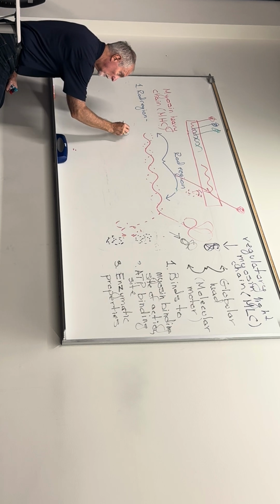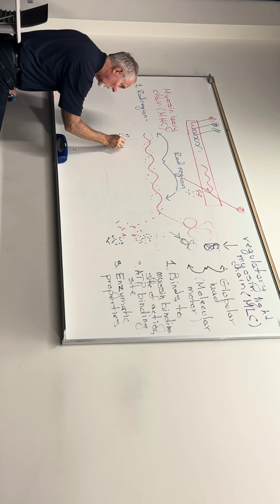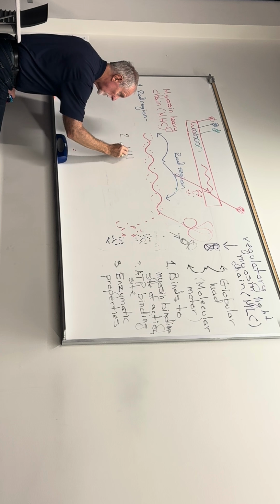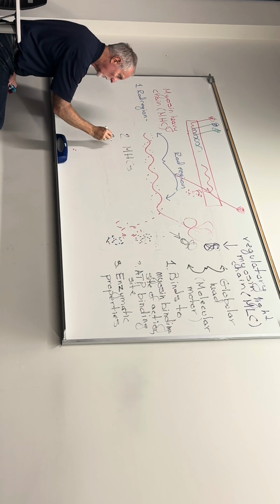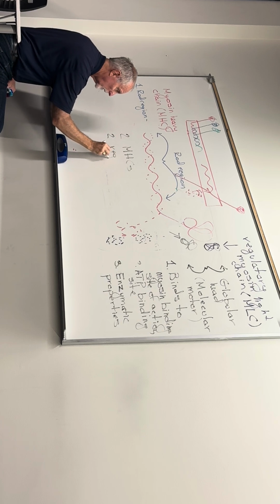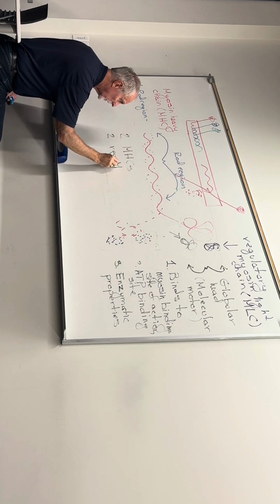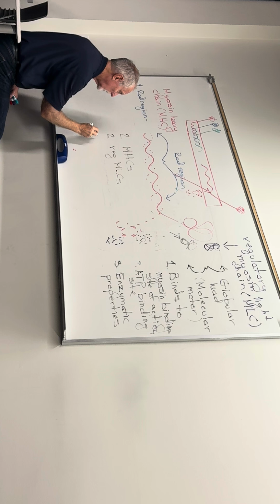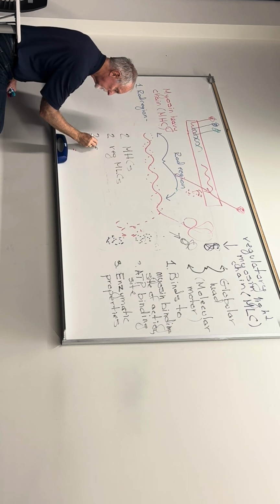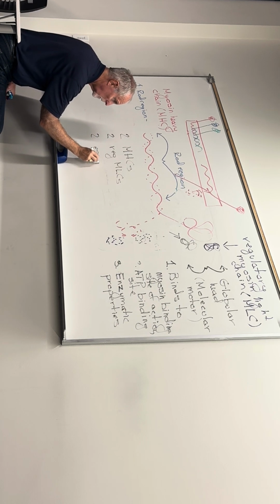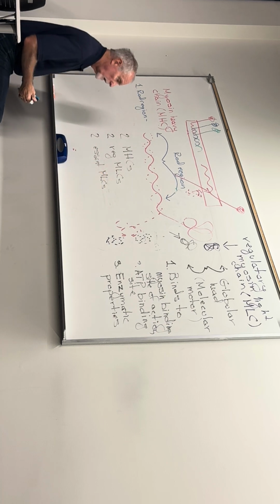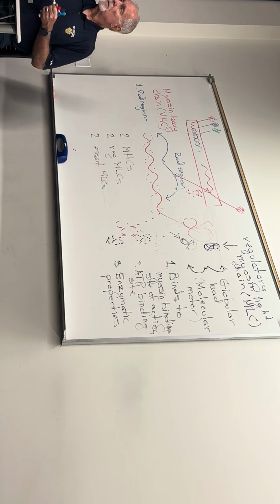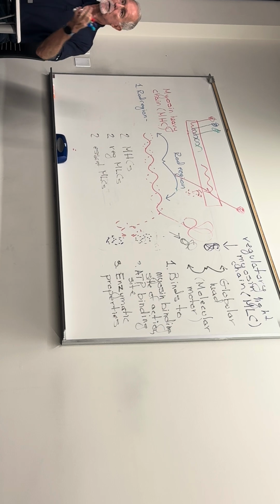There are 2 myosin heavy chains, there are 2 regulatory myosin light chains, and there are 2 essential myosin light chains. You add that up, you get the number 6, hence the use of the term hexamer.